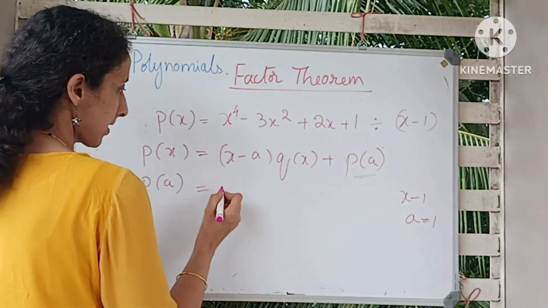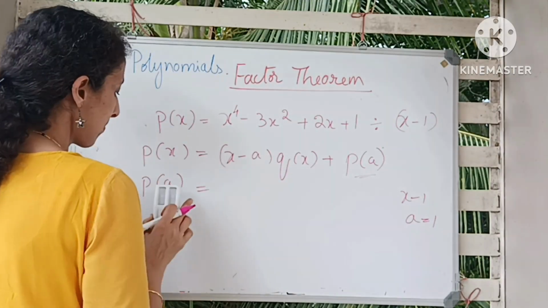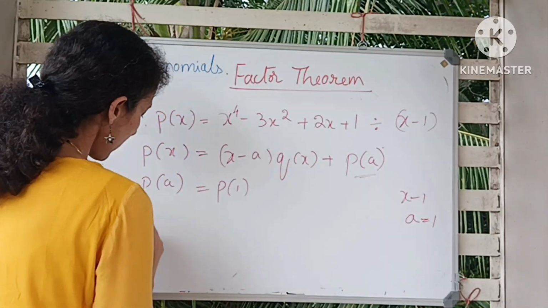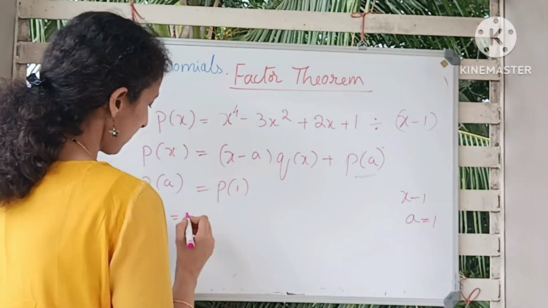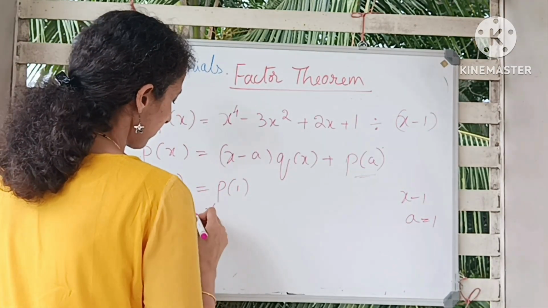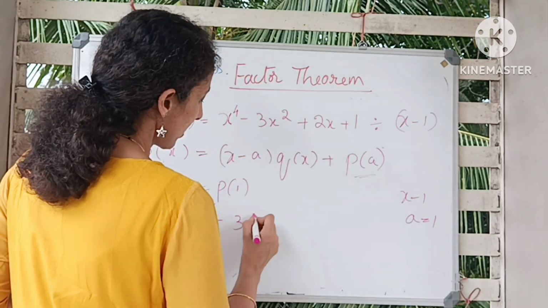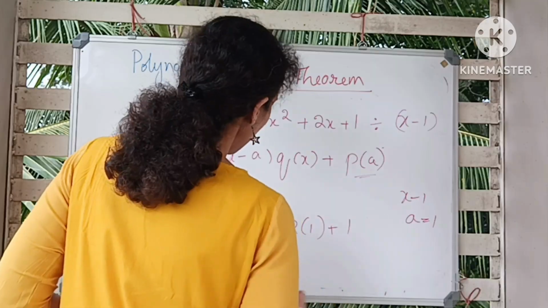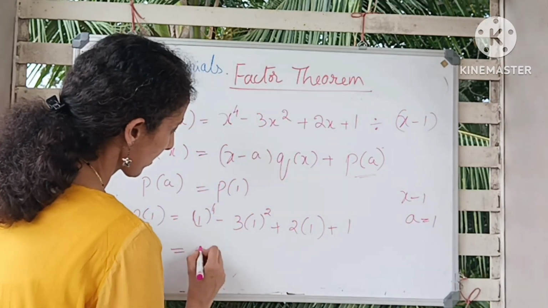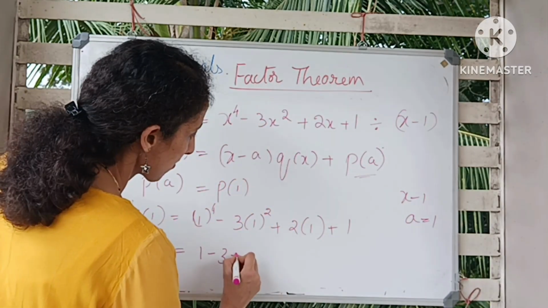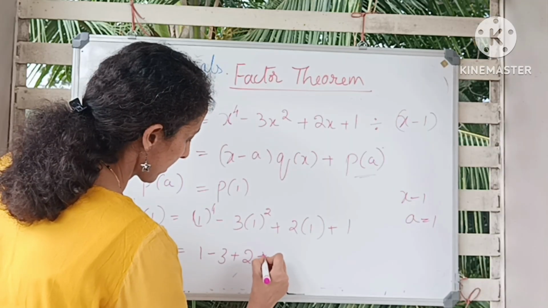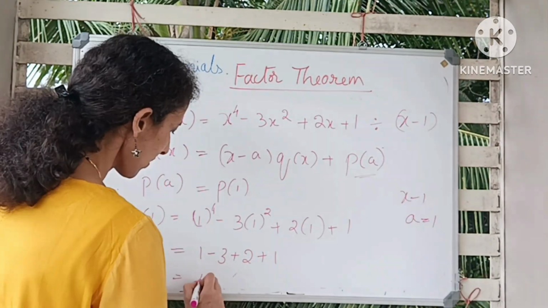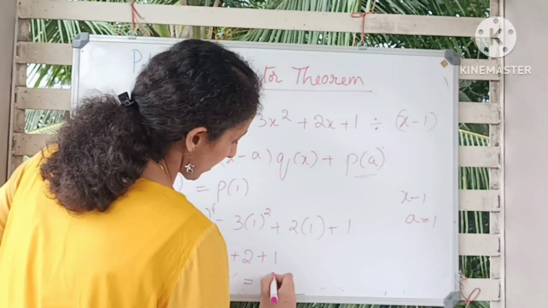So p of a is equal to p of 1. So p of 1 is equal to 1 power 4 minus 3 into 1 square plus 2 into 1 plus 1, that is equal to 1 minus 3 plus 2 plus 1, which is equal to 4 minus 3, that is 1.